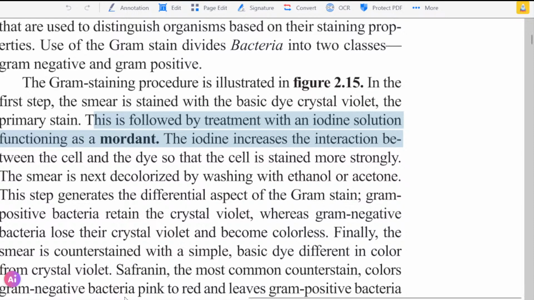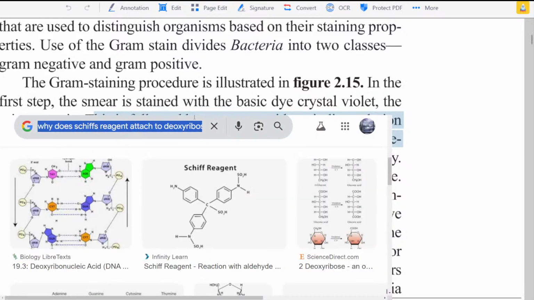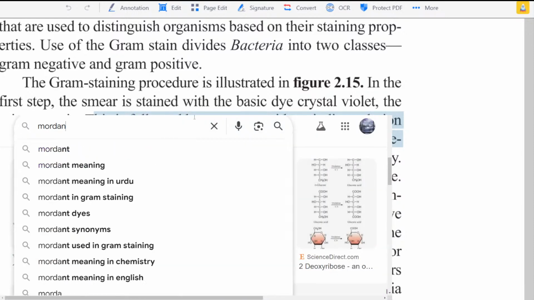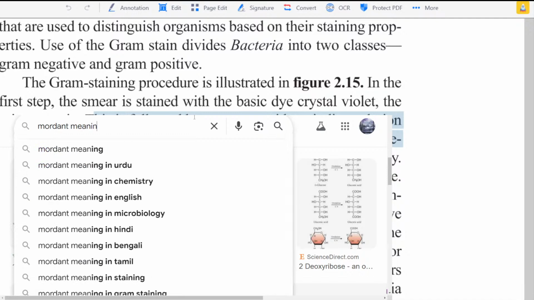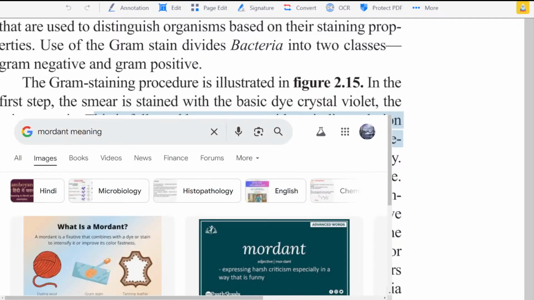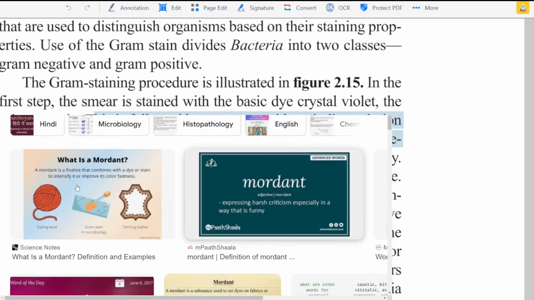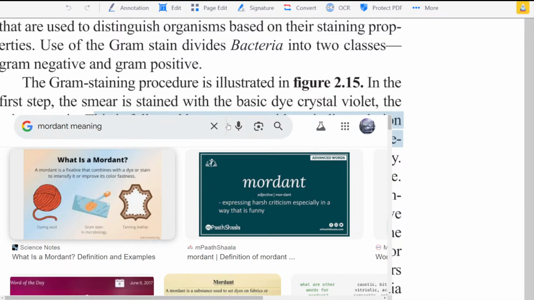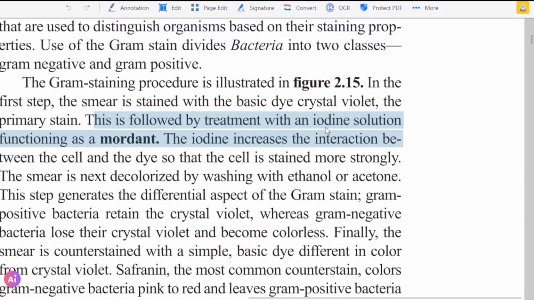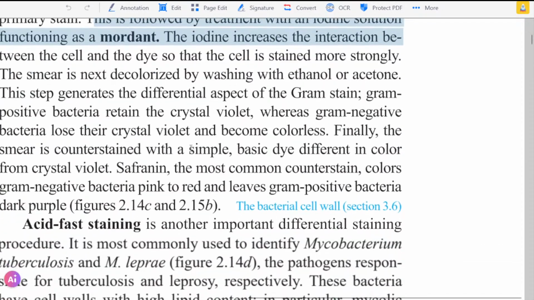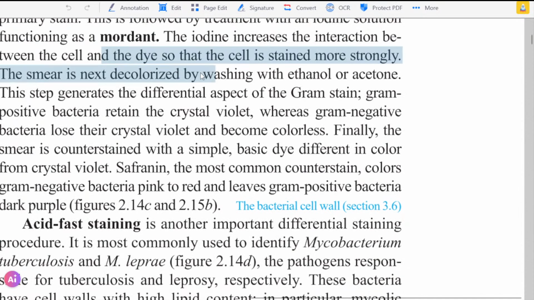Mordant means a fixative that combines with the dye or stain to intensify or improve its color fastness. Fastness means attachment. So the iodine increases the interaction between the cell and the dye, so that the cell is stained more strongly.